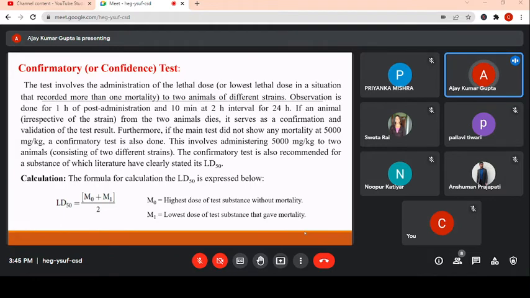How practically will you proceed for this? Let's see. The test, that is the confirmatory or confidence test, involves the administration of the lethal dose or lowest lethal dose in a situation that recorded more than one mortality.